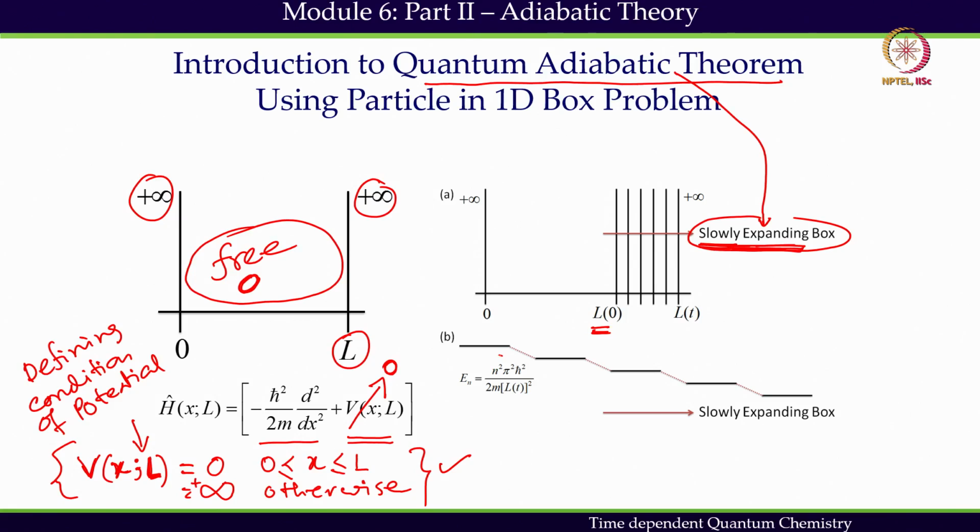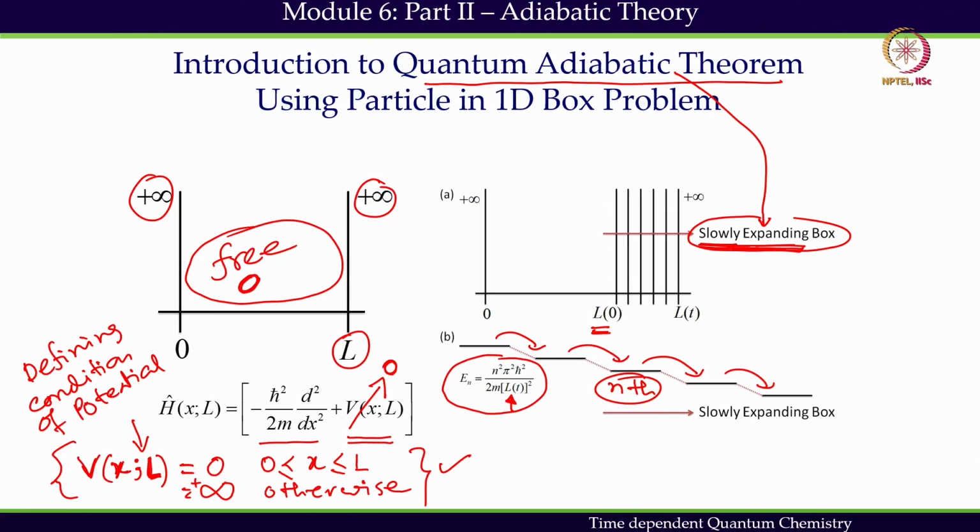And then if we look at the energy expression for the particle in a one dimensional box, we see that if L is changing as a function of time, then En, the energy in the nth state, will also change very slowly. If L is increasing, that means for the expanding box the energy is slowly going down for the same nth excited state, for the same nth energy level of the particle.